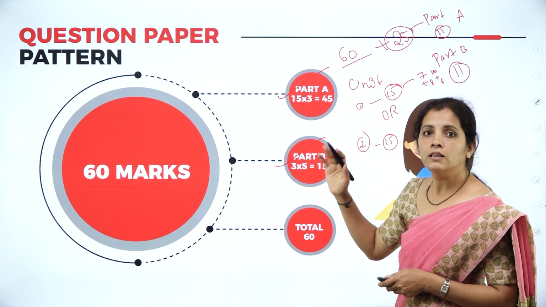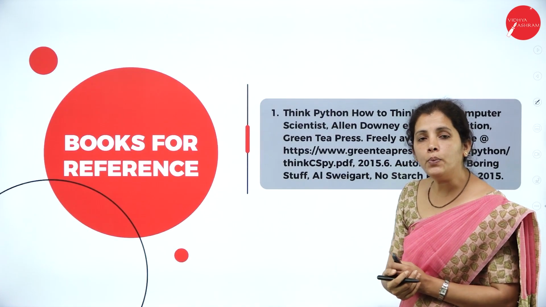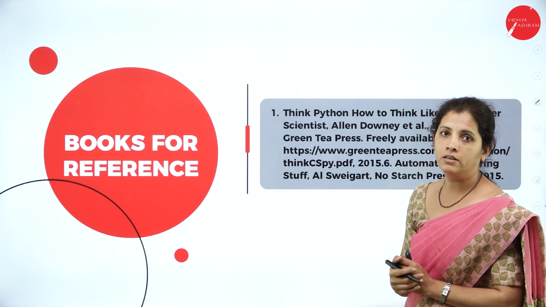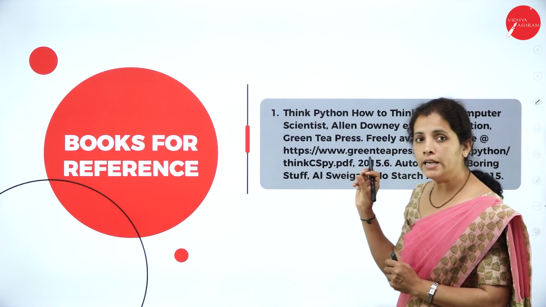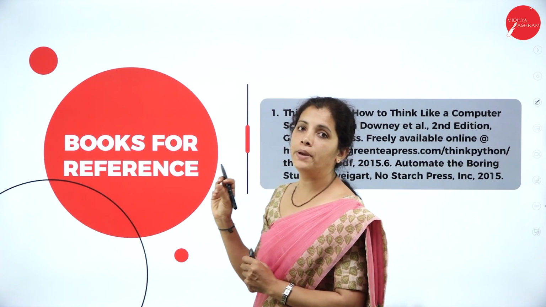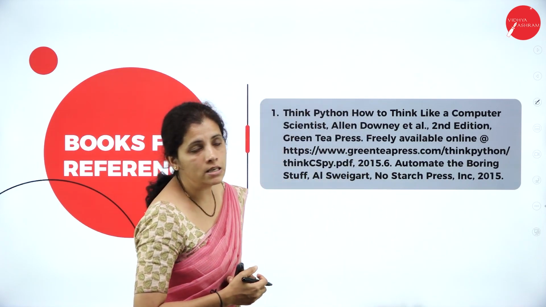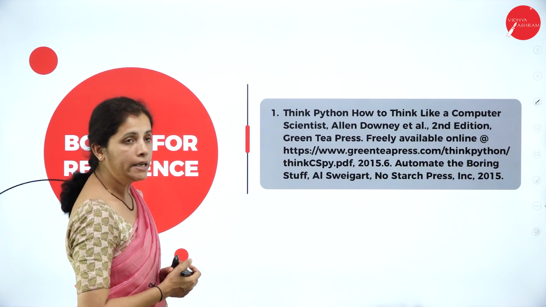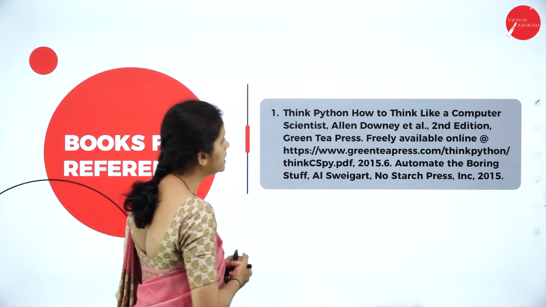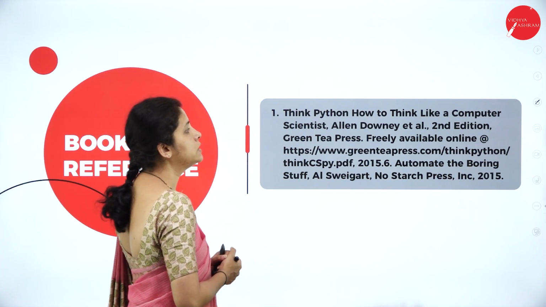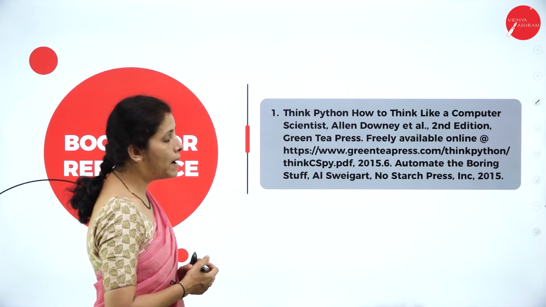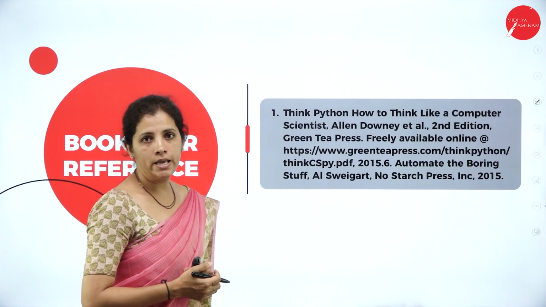Okay, fine. Now, dear student, which book should you refer to? If you want to become a master in this subject, then you have to refer to the textbook Think Python: How to Think Like a Computer Scientist by Allen Downey.